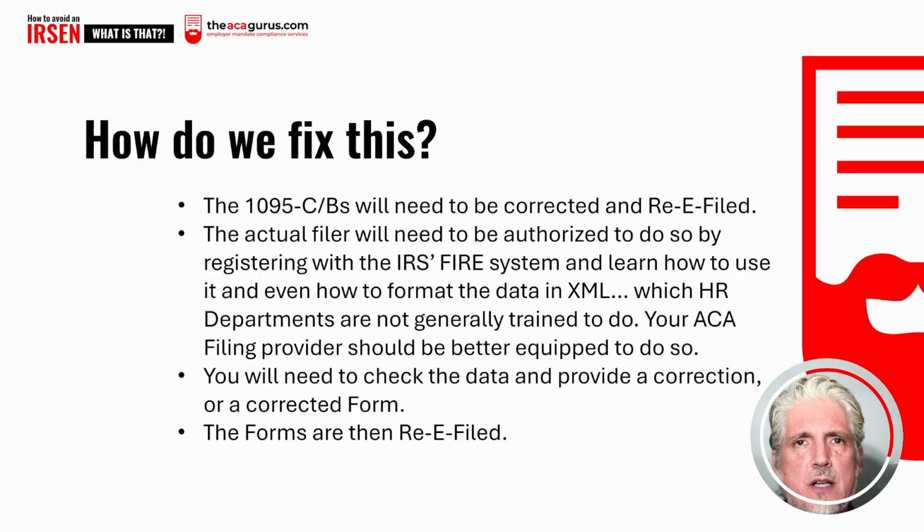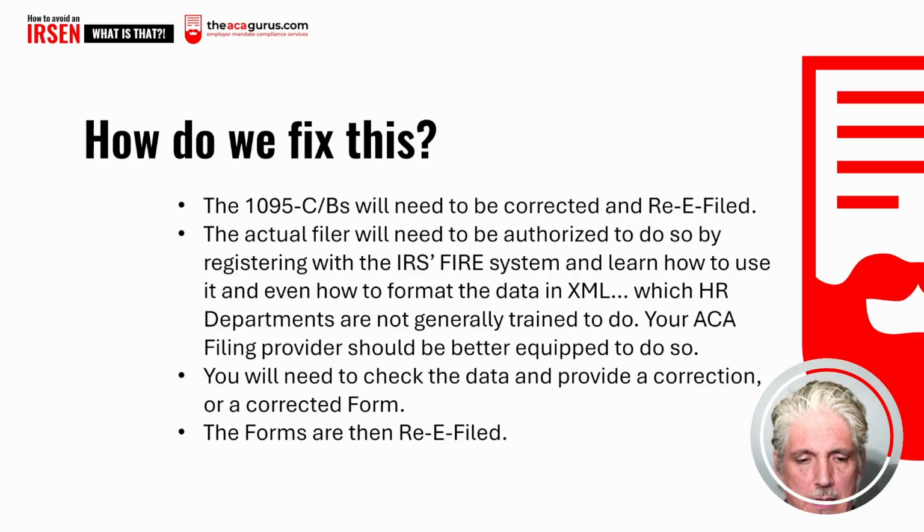But it seems to us that, especially when there are several corrections, it's best to actually submit it with that little check mark saying corrected, just to be sure that they know there is a corrected form that replaces a previous one. Otherwise, if they receive two that are not marked as corrected, I don't know how they work internally on those things, but we've seen over the years that sometimes they don't replace the previous one, and of course that creates another IRSEN, and then you say, oh, we submitted a correction, but the corrected one was not there. So we make sure that that's checked, and that avoids all kinds of headaches.